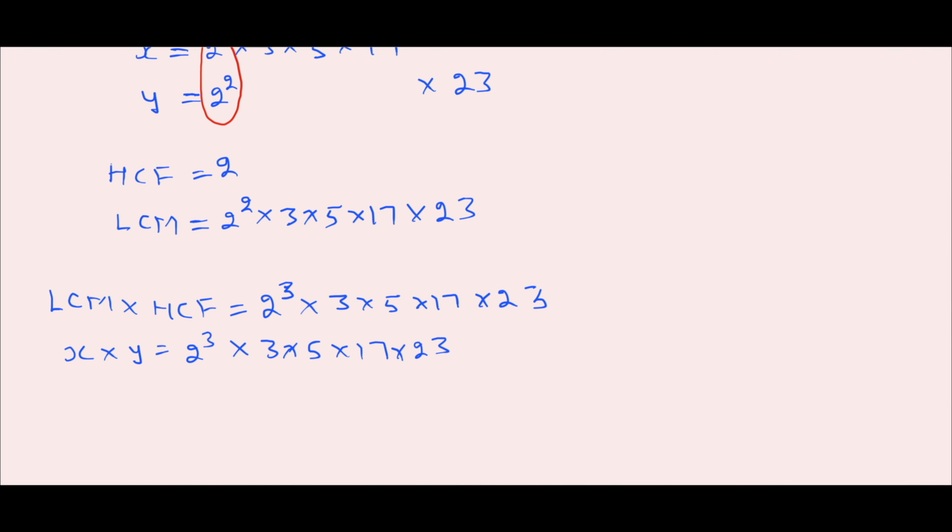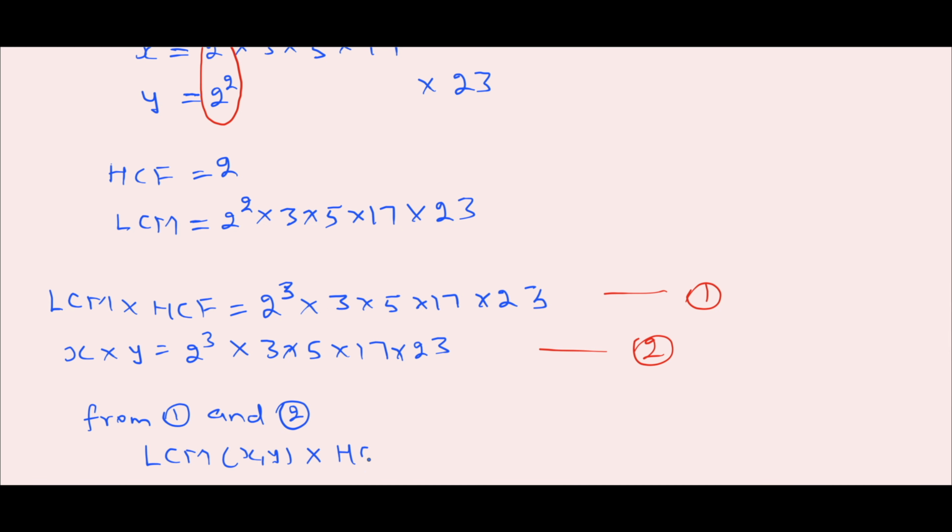So from equation 1 and 2, we can see both are the same thing, 2 cube, 3 into 5 into 17 into 23. So from 1 and 2, we can say LCM of x comma y times SCF of x comma y is equal to x times y.